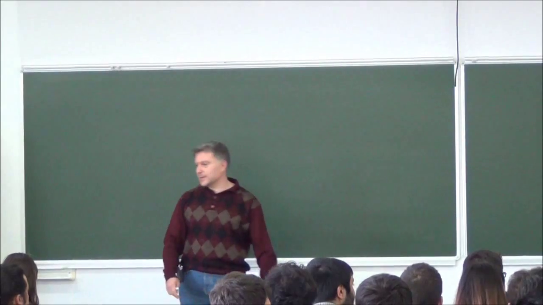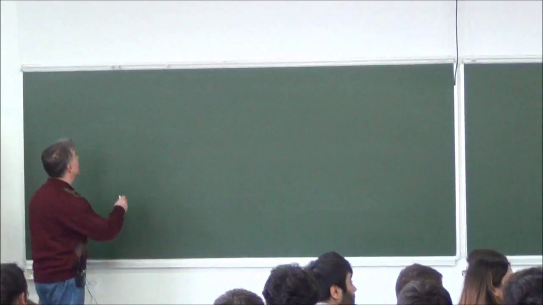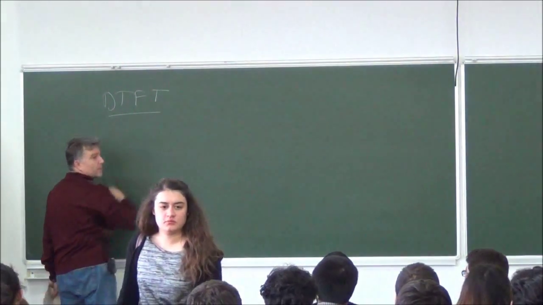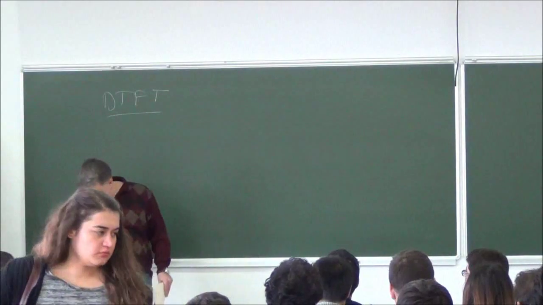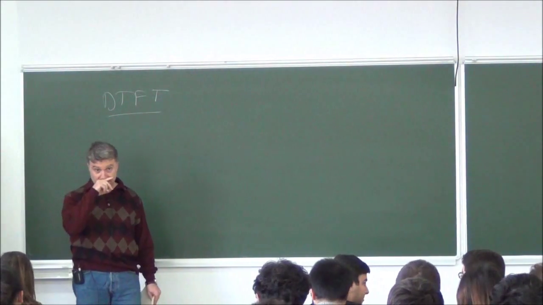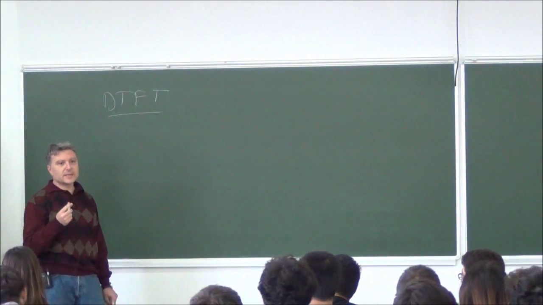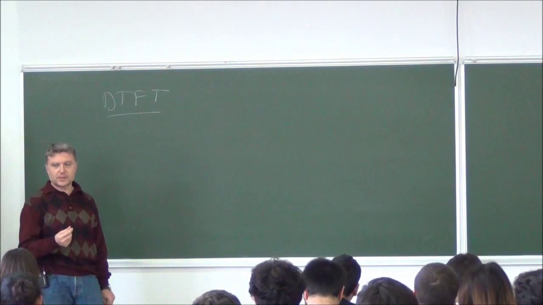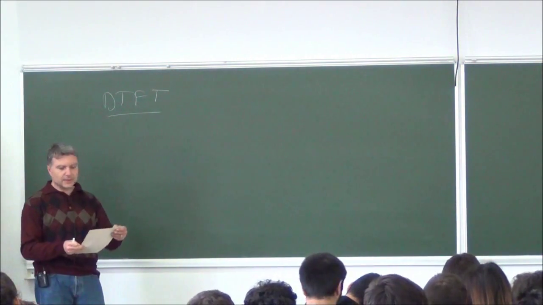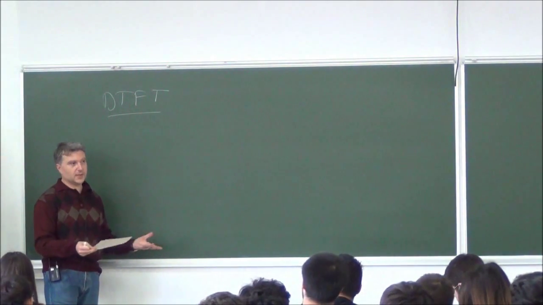Right then, we may start with our discussion about discrete time Fourier transform. If you may remember, this is the topic that we were covering. We have seen quite a few examples about this discrete time Fourier transform, but we didn't start seeing the properties of the discrete time Fourier transform.